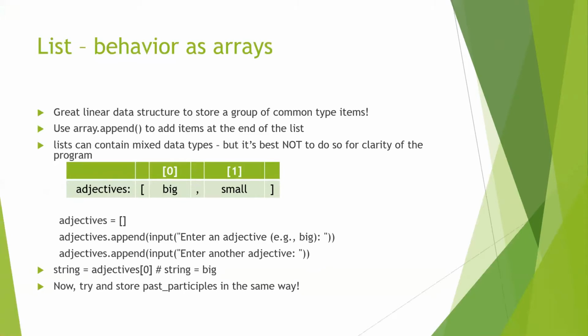The Python list has incorporated many behaviors that are actually different data structures in other programming languages, such as stacks and queues. But we're only going to talk about arrays today. Arrays are a great linear data structure to store a group of common type items. We use array.append to add items at the end of the list. To be clear, that list can contain mixed data types, but it's best not to do so for the clarity of a program.